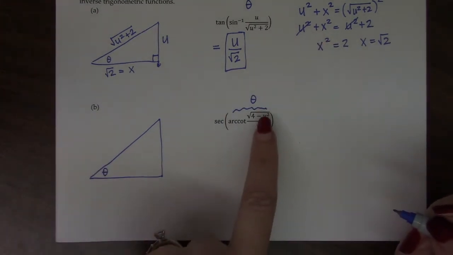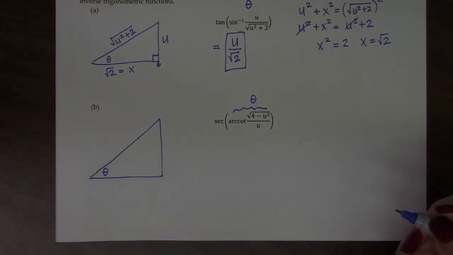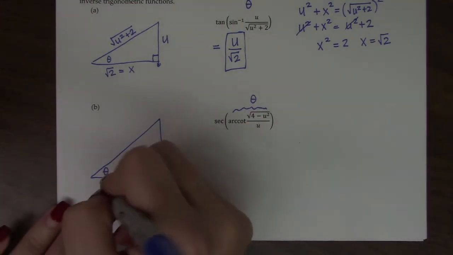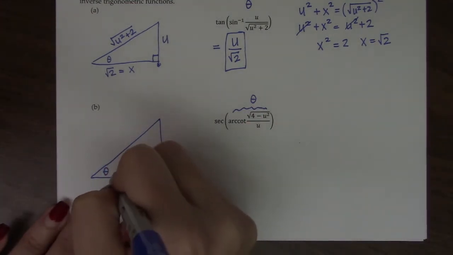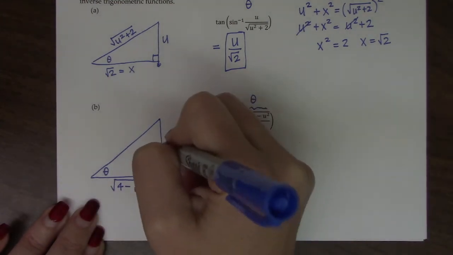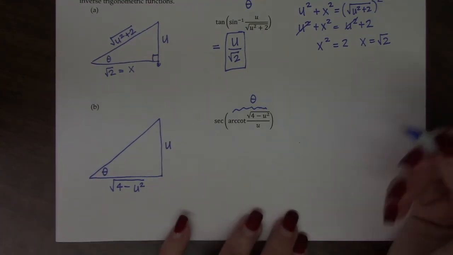So tangent is opposite over adjacent. Cotangent is the reciprocal of that, so that means this is adjacent over opposite. So the adjacent side is the square root of 4 minus u squared, and the opposite side is u. Now I need to get the hypotenuse.